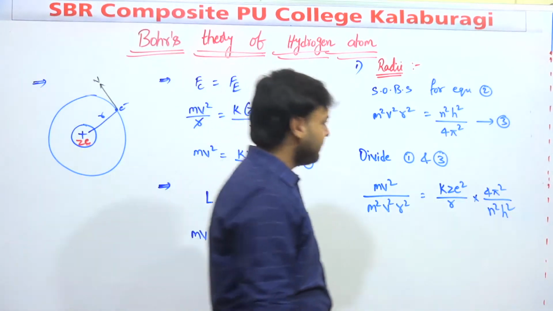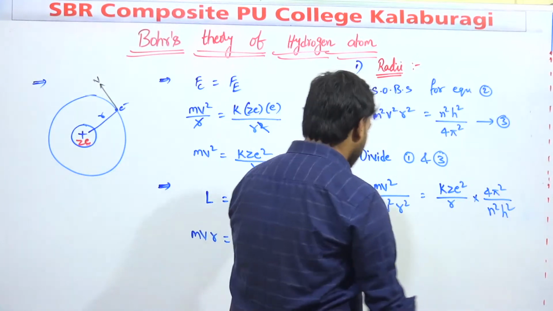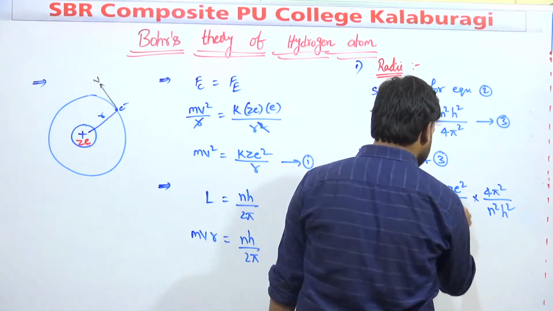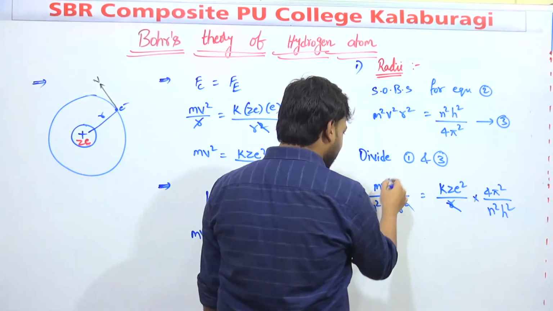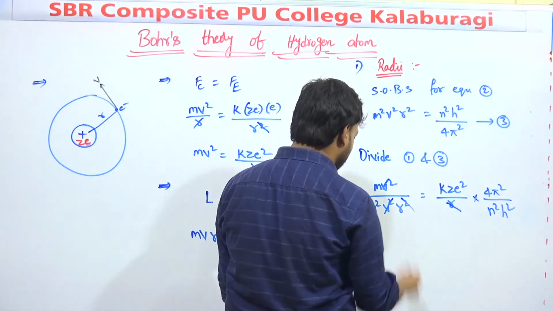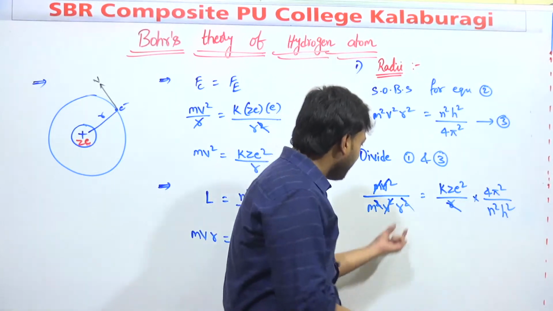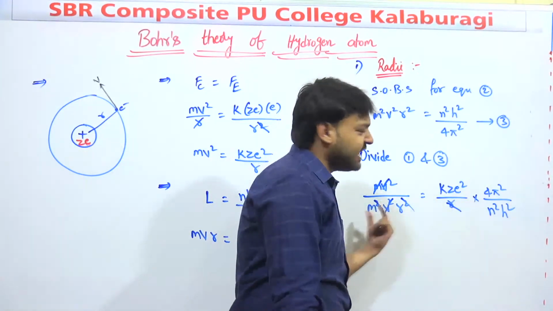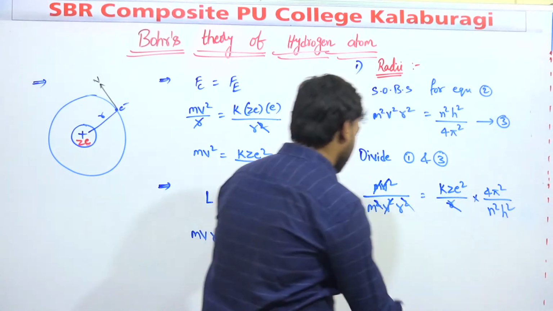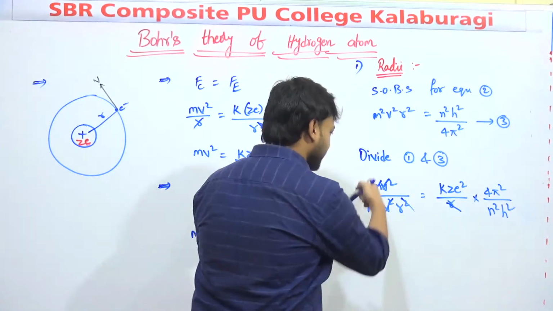Right? Clear about the point? Okay. So now cancellations: one r will be cancelled, v square will be cancelled, and one m will be cancelled. Right? So what do we want finally? We want r. So rearrange the things and calculate r.